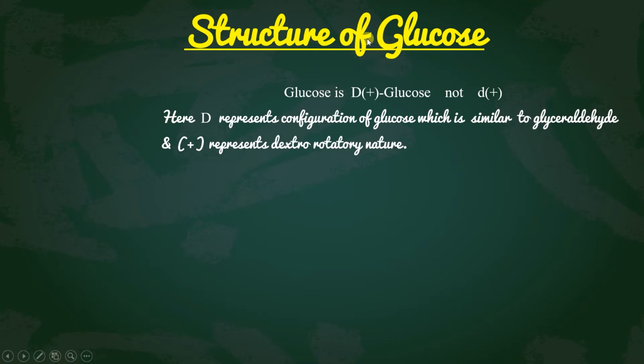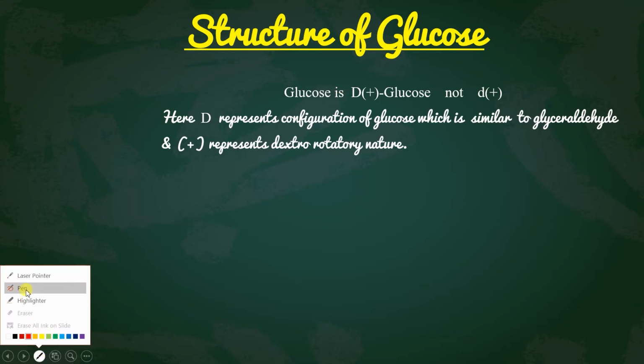I just want to say that glucose is always represented as capital D plus glucose. It's not minus, it's D plus glucose. And instead of this capital D, we are not supposed to write a small d. What is this D for? Is it for dextro? No, it's not for dextro.